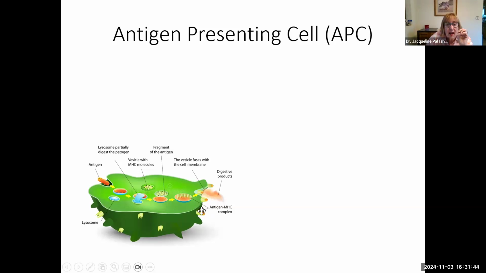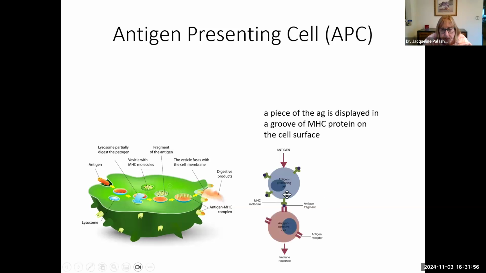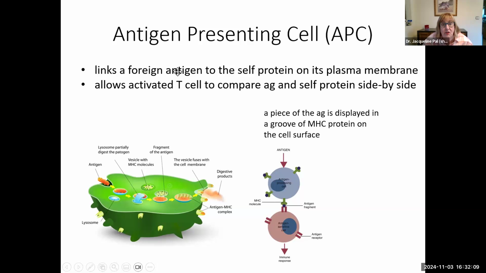And so it's going to have this little antigen attached to this complex of this MHC molecule, which we're not learning about in this course, okay? And so that piece of the antigen is presented in a groove of that MHC protein on the cell surface, and that's what the T cell is going to bind to.